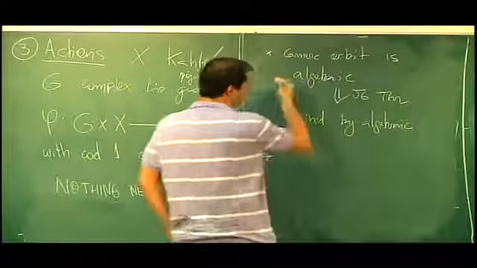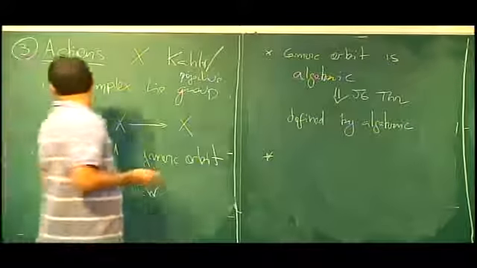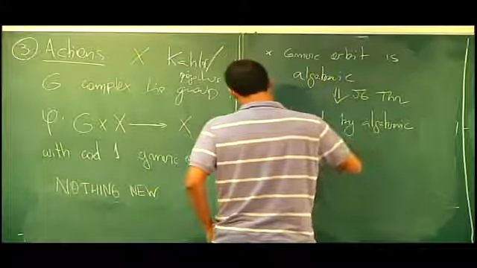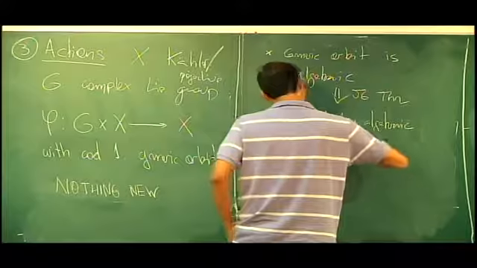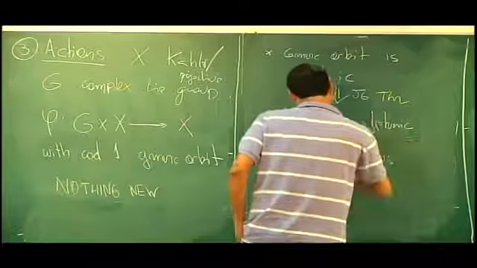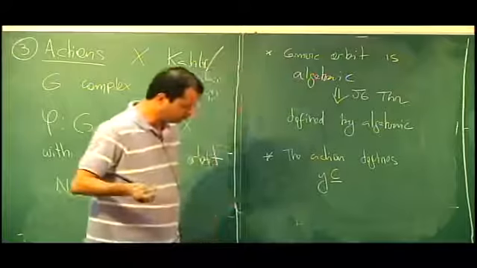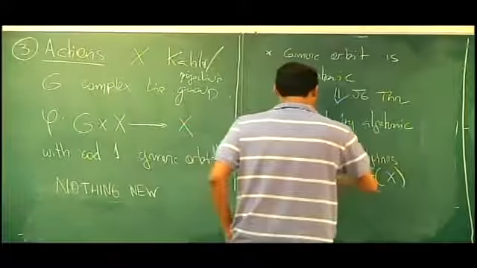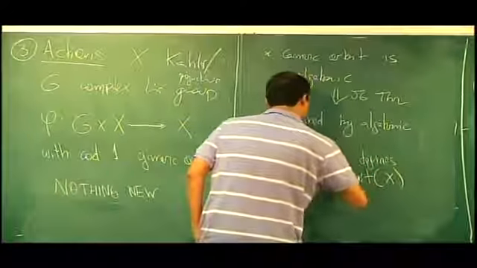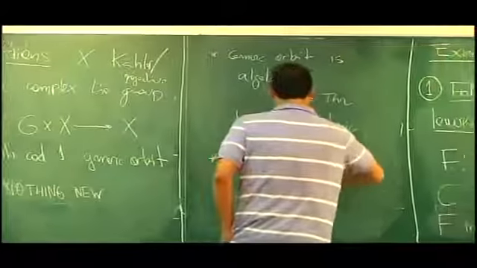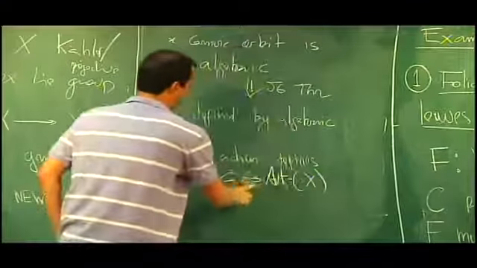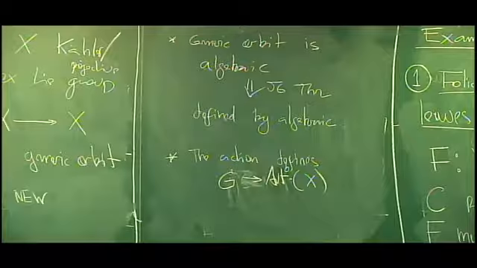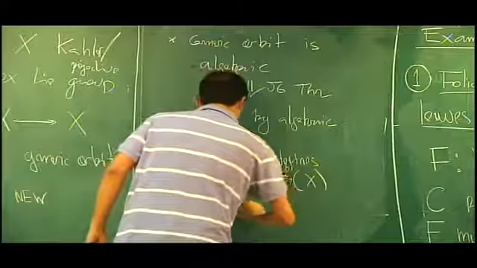Or the generic orbit is not algebraic. But this means the following, the action defines a Lie subalgebra of the Lie algebra of the automorphism group of X. Or in other words, let's say, it defines a map from G to the automorphism group of X, even to the irreducible component of the identity, which induces a map on Lie algebras.